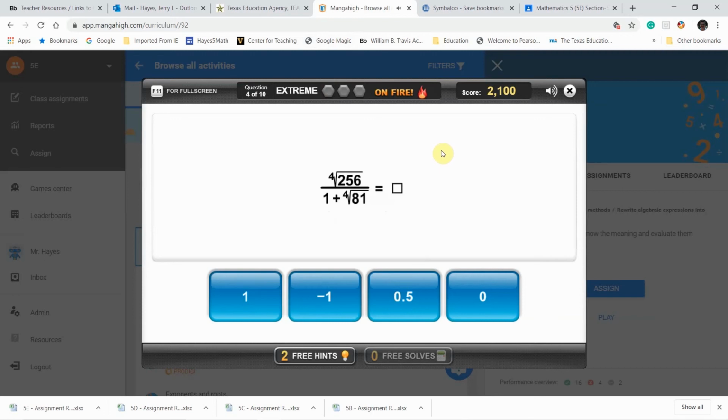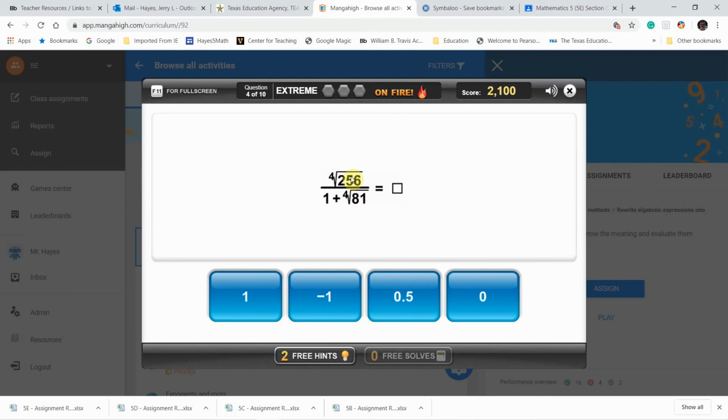All right, here's some more. Whenever you see the root sign like this, it says tell me what that number underneath it is to the fourth power. Let me rephrase that. What times itself 4 times would equal that number. We already know it was 4 before, right? And this would be 3.